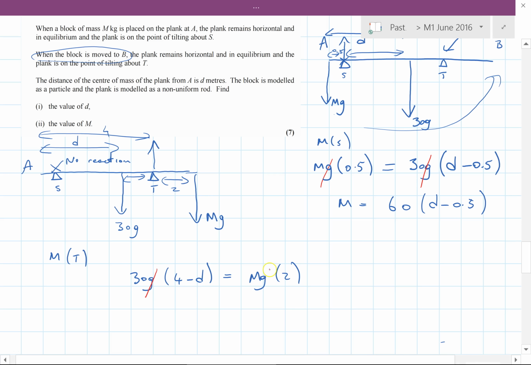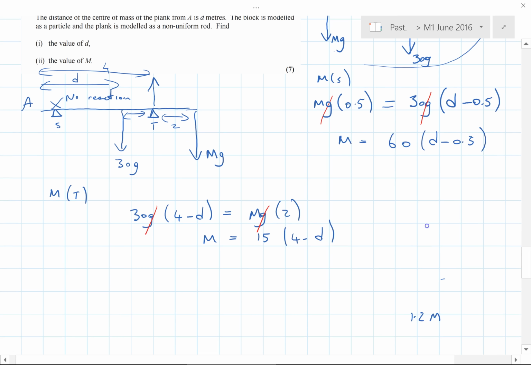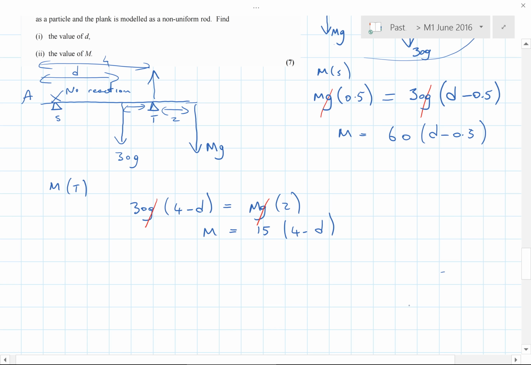The g cancels, and let's divide through by 2 now. So we've got m equals 15 times 4 minus d. So we can equate these two. We have 15 times 4 minus d is equal to 60(d minus 0.5).